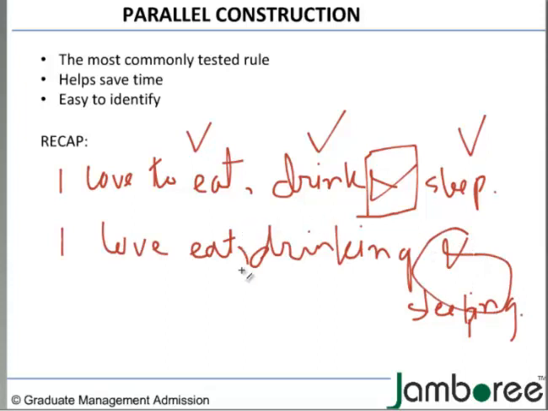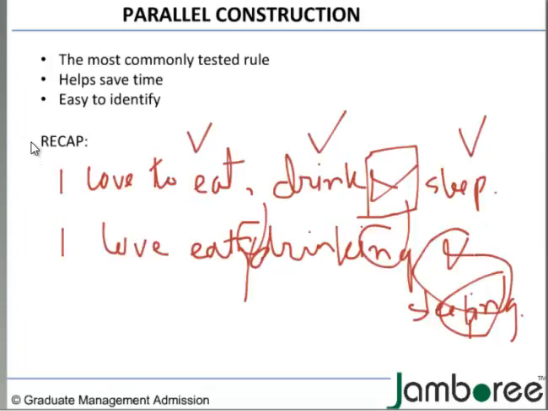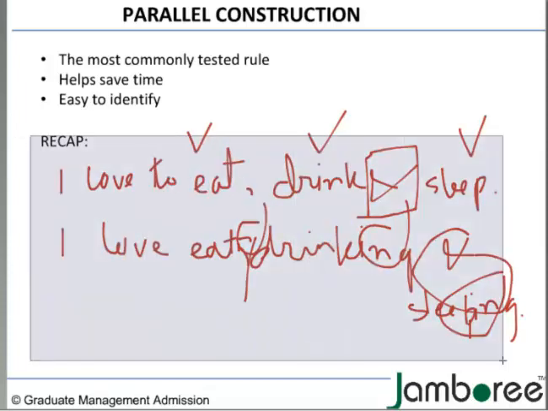I have got the ing here, I have got the ing here, I have got the ing here. So both the sentences are parallel, they are following the same format, they are following the same structure.